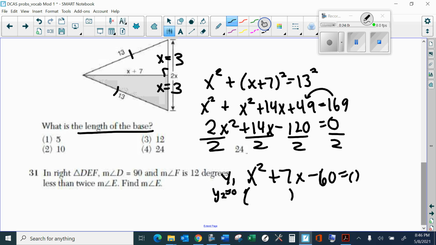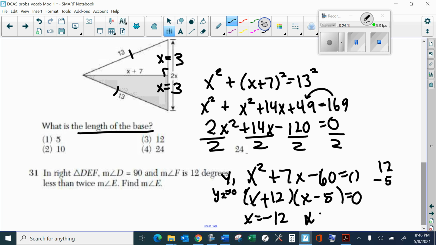Okay, so we have 12 times 5 is 60. So I have x minus 12 and x plus 12, and then x minus 5 equals 0. So there x equals negative 12, here x equals 5, and 5 and 5 is 10 for the base. We don't just want one side of it, we want the entire base.